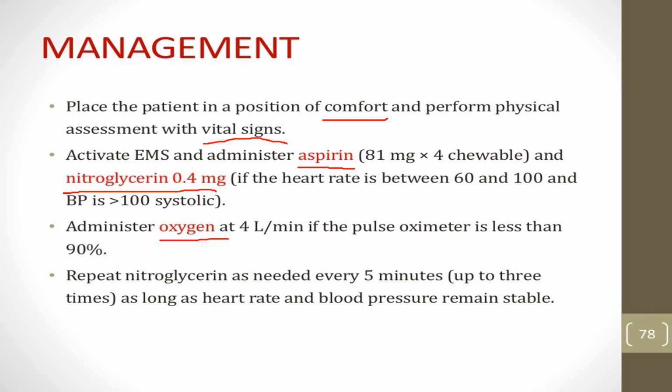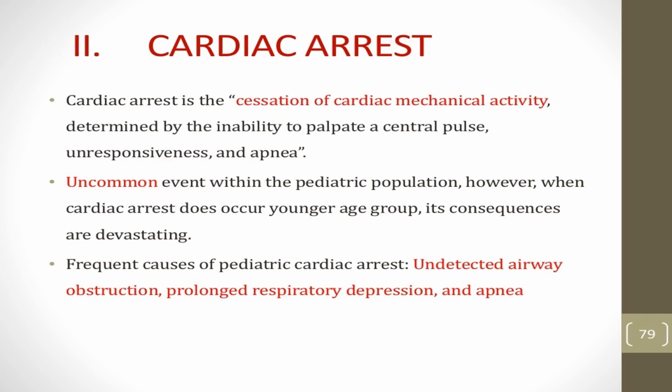Administer oxygen at 4 L/min if the pulse oximeter is less than 90%. Repeat nitroglycerin as needed every 5 minutes, up to 3 times, as long as heart rate and blood pressure remain stable.